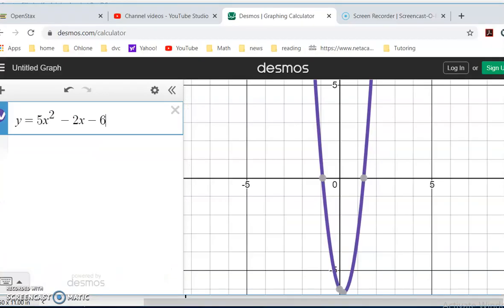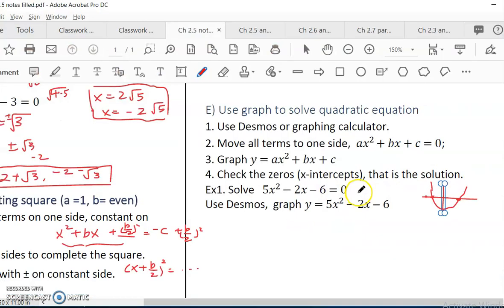And then you can copy it down and graph it. So it's 0.9, 1.3. You can sketch it. One x-intercept is negative 0.914, comma 0, and this x-intercept is 1.314, comma 0.